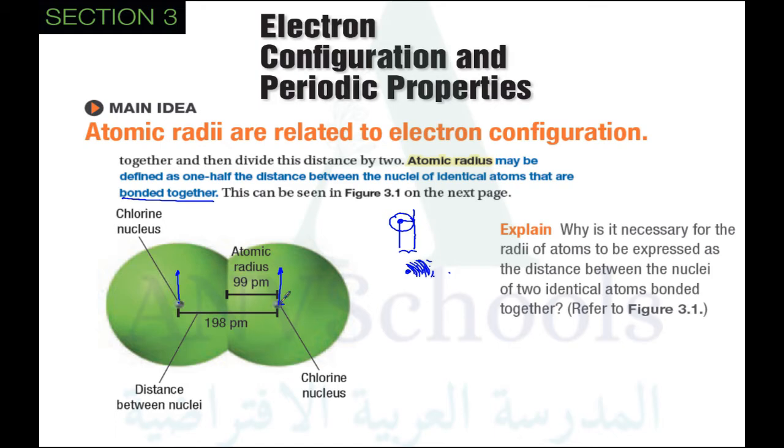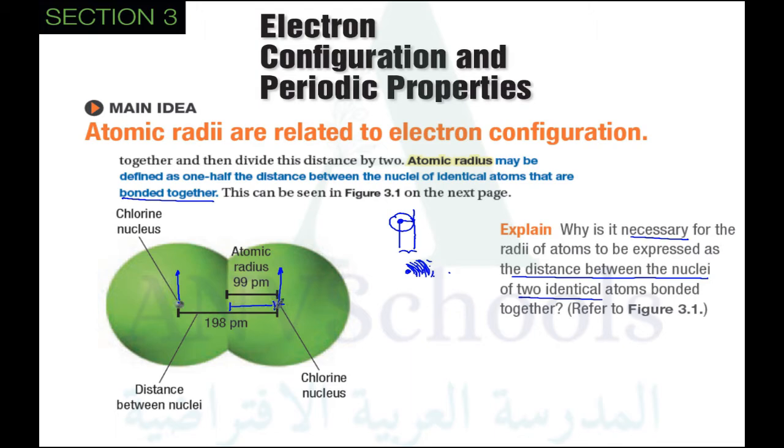This one is better because the probability density of electrons resides in between the atoms. So the question here: why is it necessary for the radii of an atom to be expressed as the distance between the nuclei of two identical atoms? Since they are two identical, we divide by 2, so this will be the atomic radius from here up to here. Atoms bonded together.